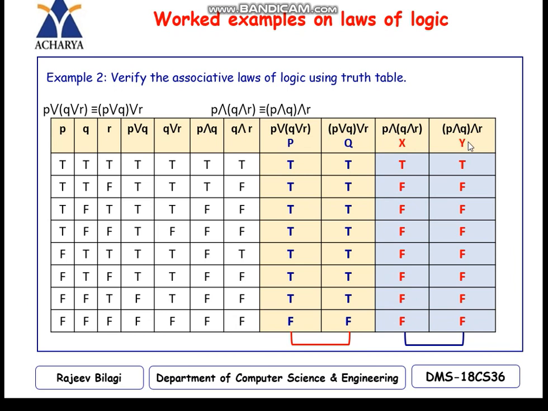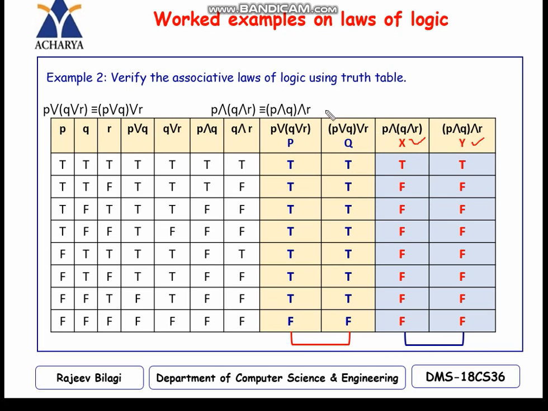In continuation, if you find the biconditional operator of X and Y, then also you are going to get a tautology. If you look at it, T, T is again T, F, F is T, F, F is T. So like this, if you find the truth values of the biconditional operator of X and Y, it is a tautology.